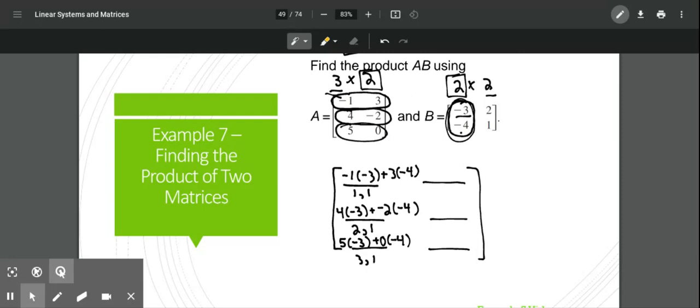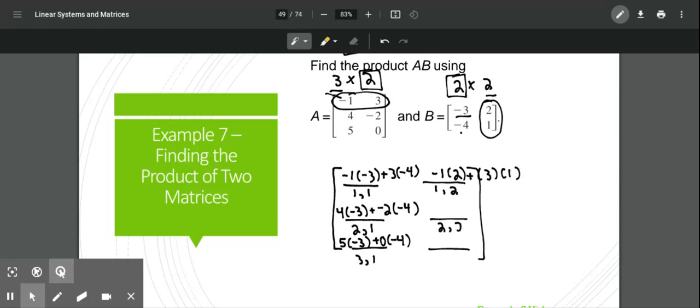And so now if we're going into the second column, we're going to do the same thing. Let me take off these circles so we can see these a little bit better. So now if we go to the second column, we're still row 1, but now we're column 2. So you have to think we're going to combine row 1 with column 2. So we're going to have negative 1 times 2 plus 3 times 1.